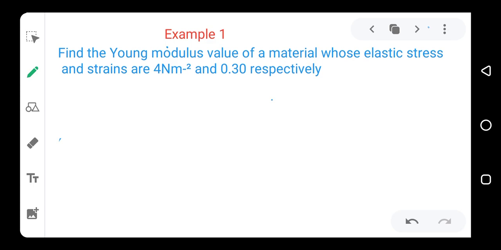Extension is measured in meter and the original length is also measured in meter. So we have meter over meter, so they cancel themselves. So there is no unit for strain. That is why this one does not have any units.